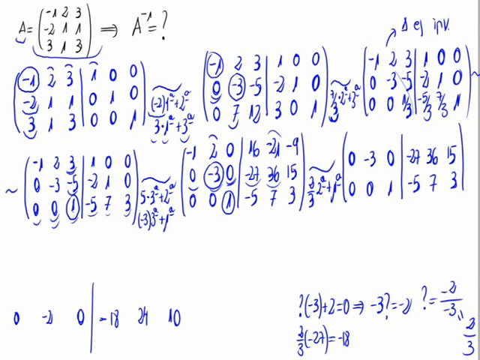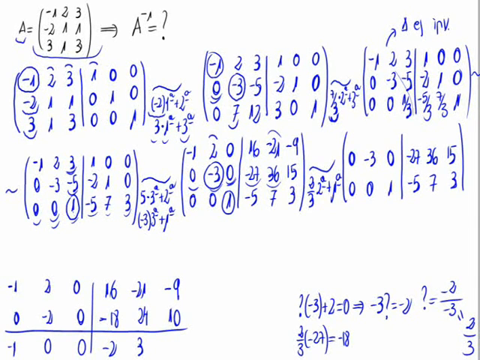Now we add the first. -1, 2, 0, 16, -21, -9. The answer to this operation would be -1, 0, 0, -2, 3, 1. So once we've done this, we copy the answer into the first row.